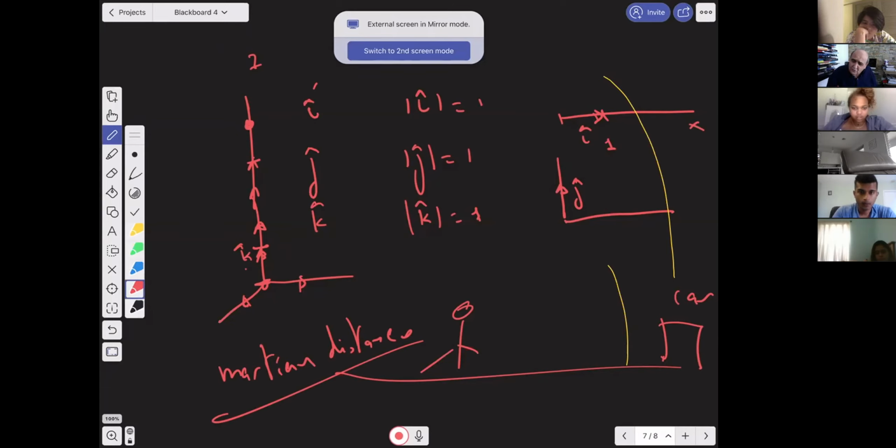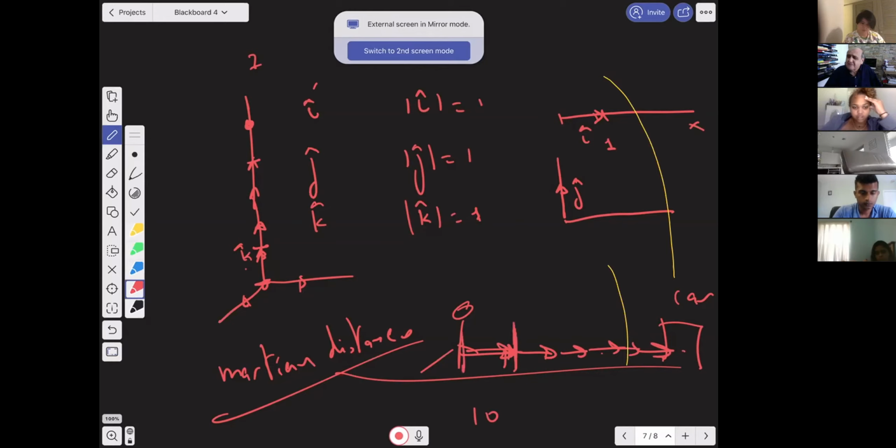The only way to know is that the Martian and I agree what is 1 unit. And we say, listen, 1 Martian unit is like this. So once we go to 1 Martian unit, if you tell me that it's 10 Martian units, I will do this 10 times and I will arrive at the car. If you tell me now that the car is 100 Martian units, I will go, but what is a Martian unit?